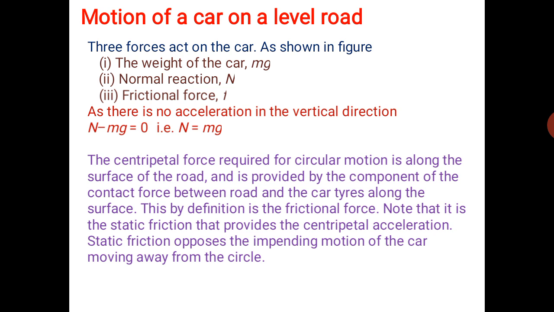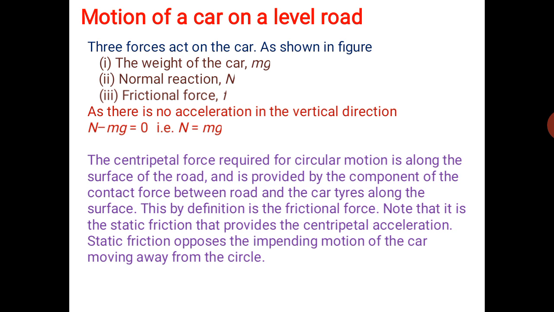The centripetal force required for circular motion is along the surface of the road and is provided by the component of the contact force between the road and the car tires along the surface.